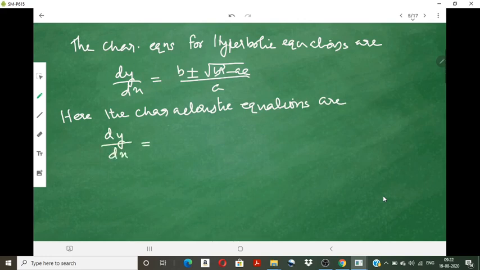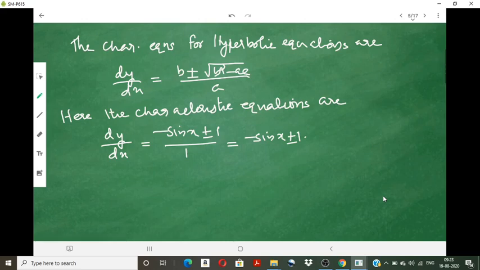What is b? B is minus sin x. Minus sin x plus or minus root of b squared minus ac, it is 1 by a. A is also 1, that is equal to minus sin x plus or minus 1. Now solving this equation, we have plus or minus 1. So there are actually two characteristic equations and two families of characteristics.